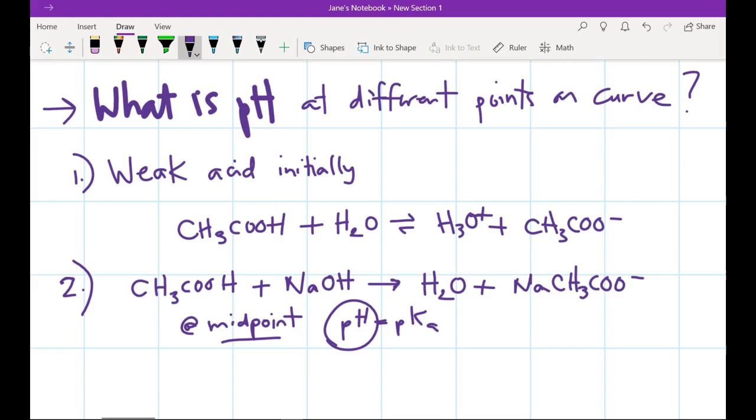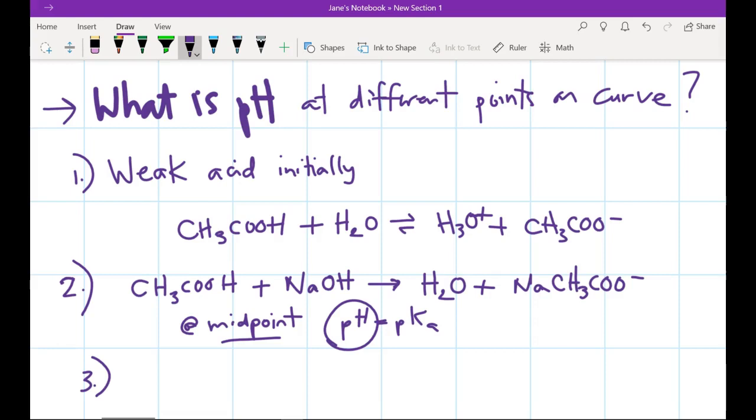Okay, so then what would be the next part in this titration problem? We would have the equivalence point. So that's the third place where you've been asked to do a pH calculation. And the equivalence point is the really interesting one.